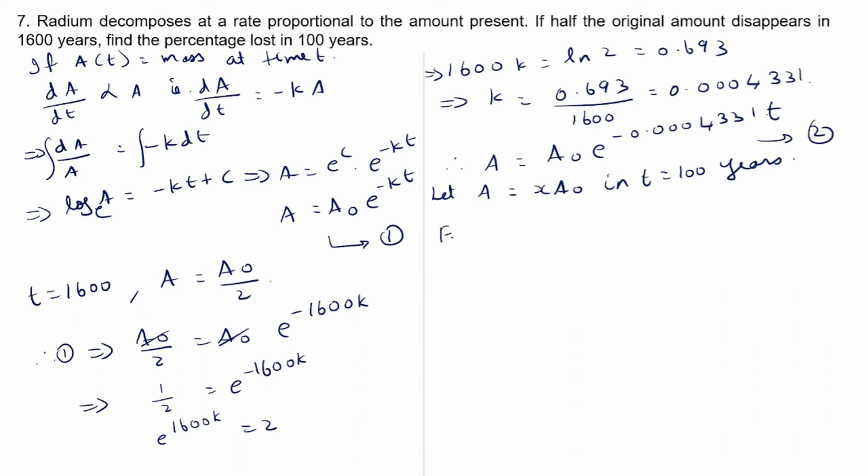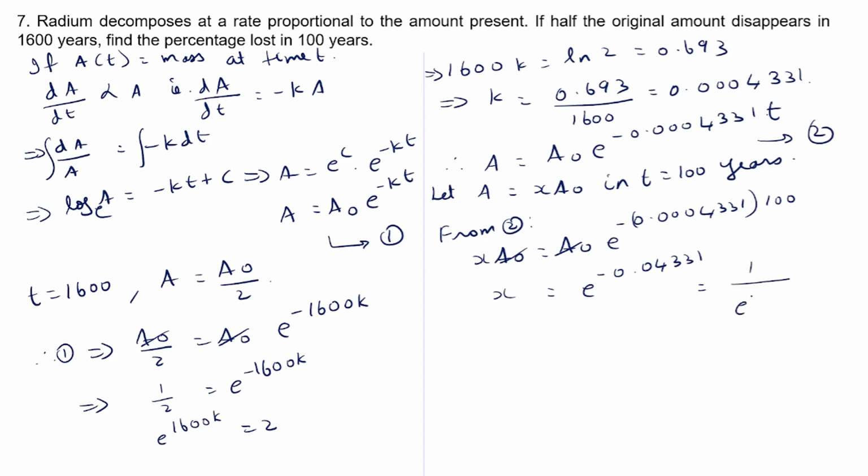So from 2 we have x into A naught is equal to A naught into e raised to minus 0.000433 into 100, or x is equal to e raised to minus 0.04311, or this is equal to 1 by e raised to 0.04311.